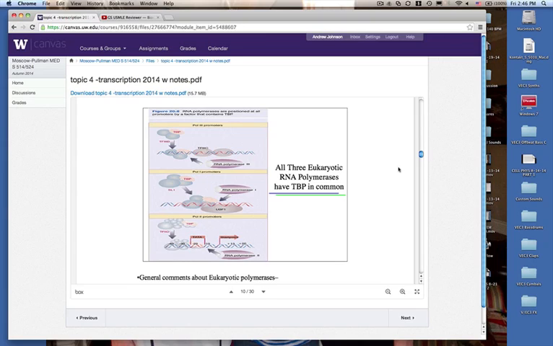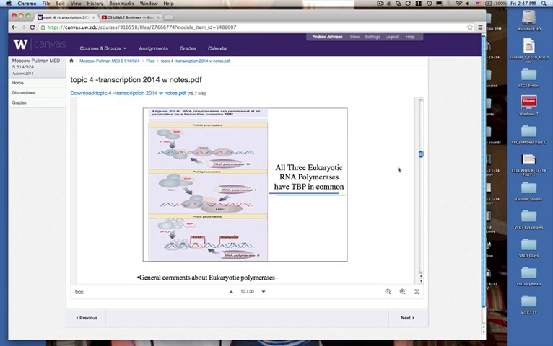As we just said, regardless of the polymerase, there are proteins that help it recognize where it needs to sit down on the DNA. The polymerase in and of itself does not have the capability of binding directly to the DNA. So how is it going to find out where it needs to be? There are what are called transcription factors, TFs, that help the polymerase see where on the DNA it needs to sit down.